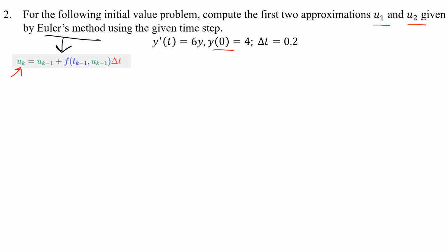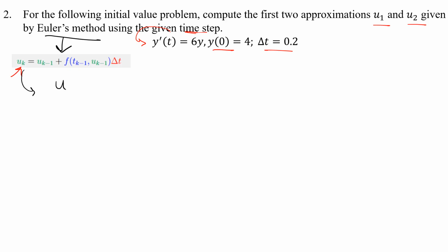So we are calling this our given step time. Our function here is our differential equation, and our change in t, our step time here, is 0.2. So we're just simply going to follow this method here.